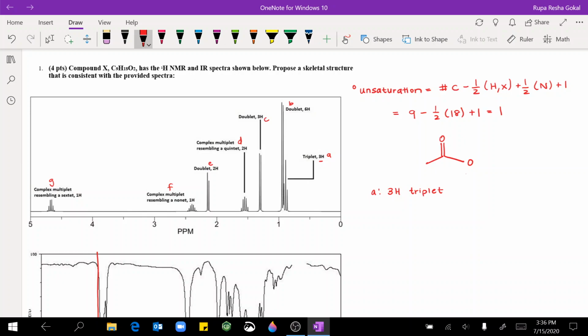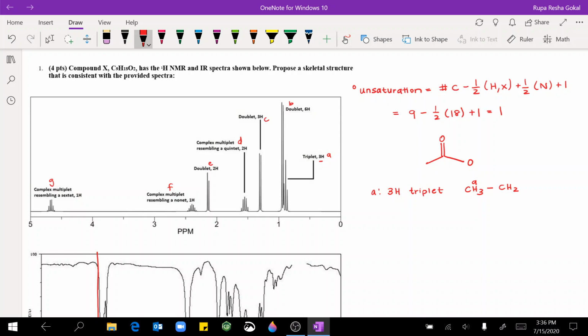All right, A is a 3-hydrogen triplet. That tells me that I have a CH3, and all of those hydrogens are my A hydrogens, and it's next to, if it's split into a triplet, that's 3 peaks minus 1 is 2 neighbors. So I'm next to a CH2. I can do one of 2 things here, you guys.